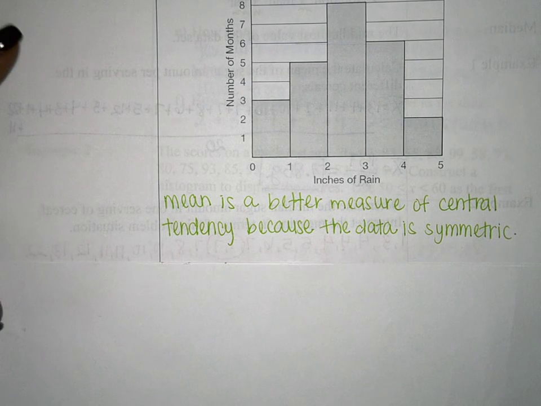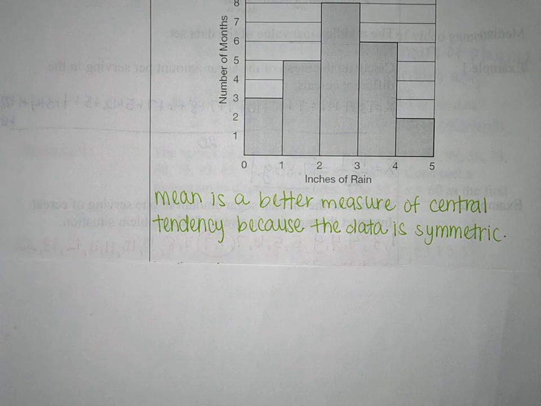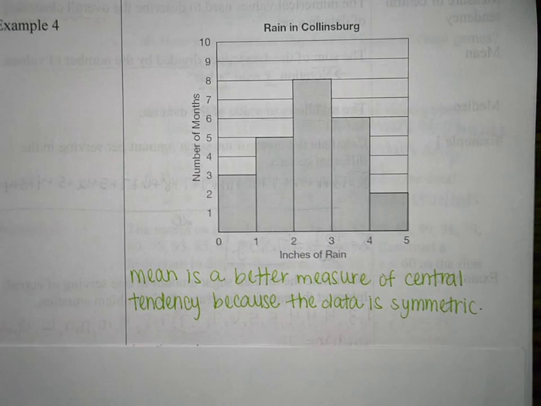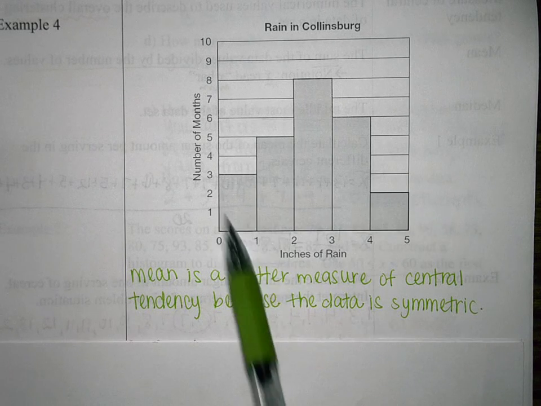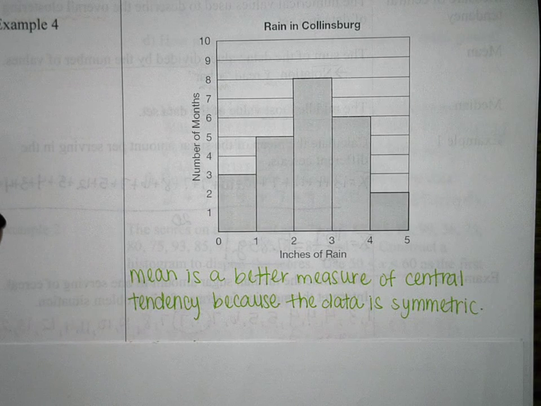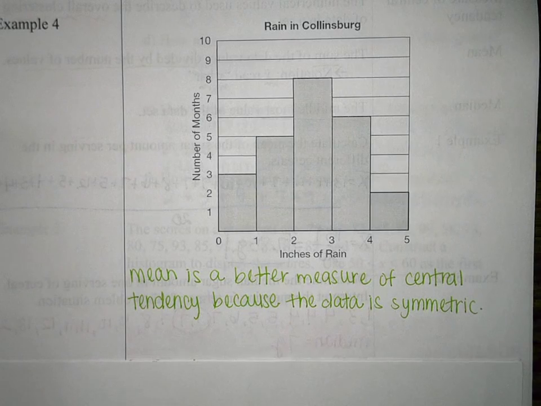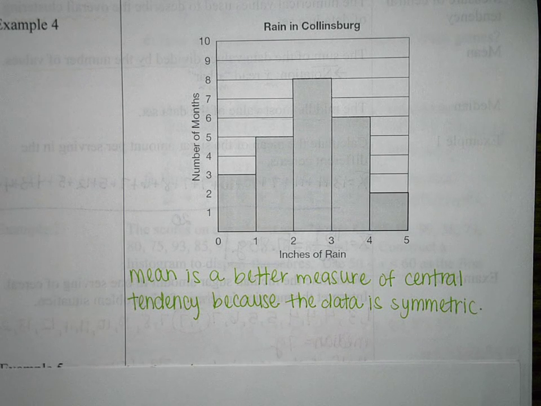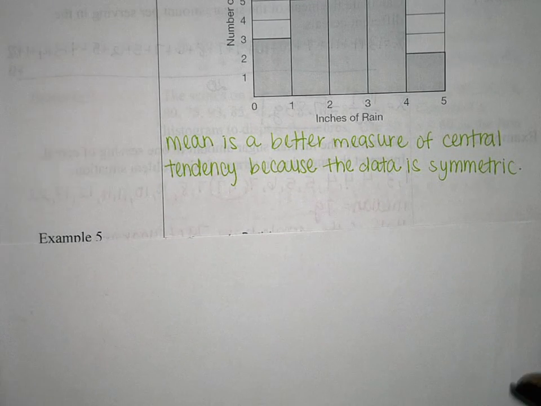Then it wants us to determine what the mean and median is if possible. Histograms, remember, only give you how many months, students, or people fall within certain intervals. They don't actually give you exact numbers or exact pieces of data. So it's not possible on a histogram to determine the mean or the median, because we don't know what the exact points of data are. Let's write that too.